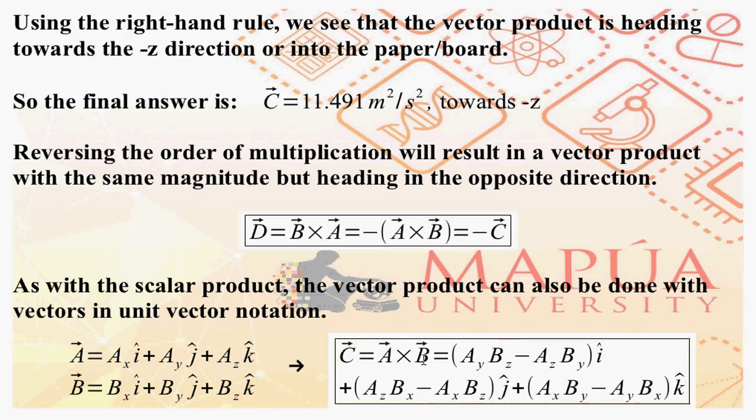If you now get A cross B, you get vector product C. Vector product C is just equal to (AY BZ minus AZ BY) times i hat, plus (AZ BX minus AX BZ) times j hat, plus (AX BY minus AY BX) times k hat.